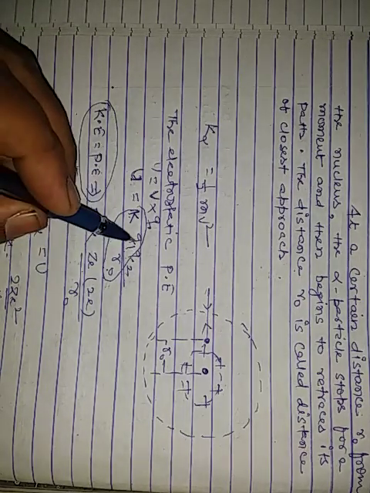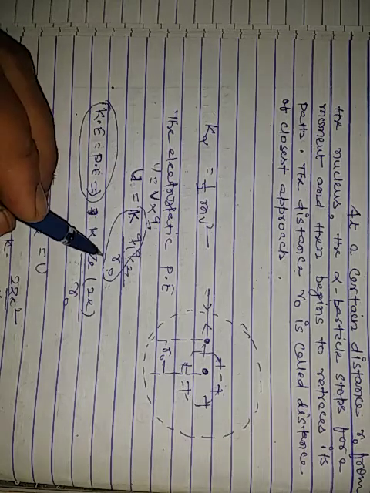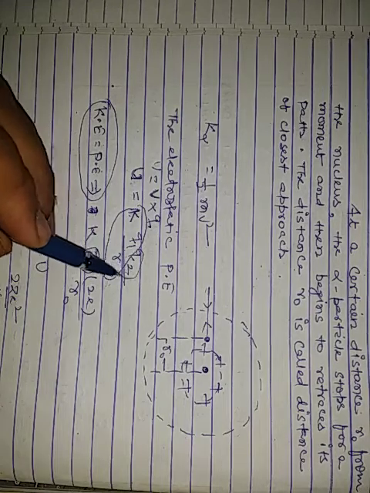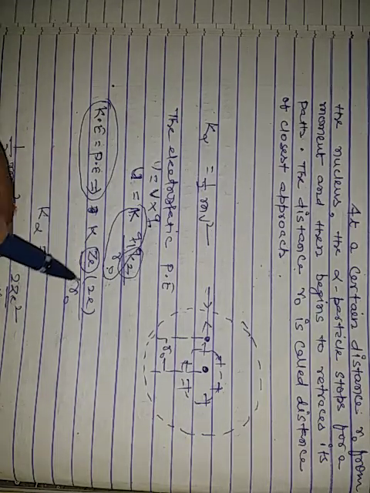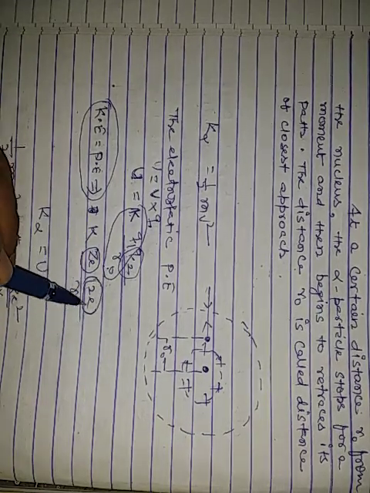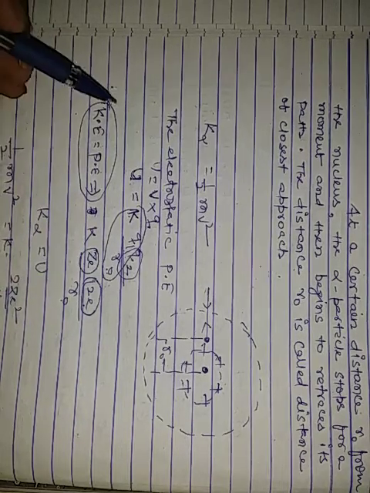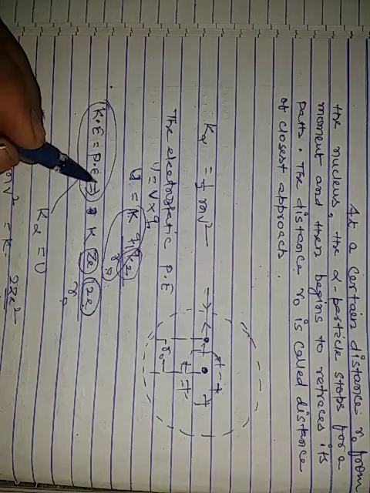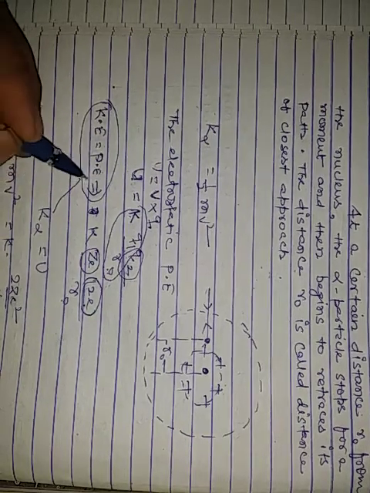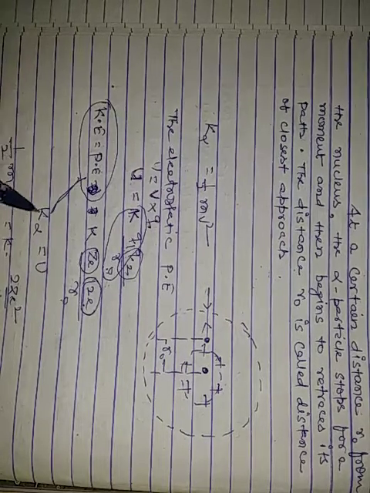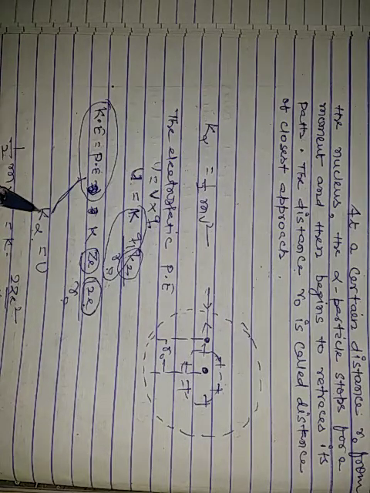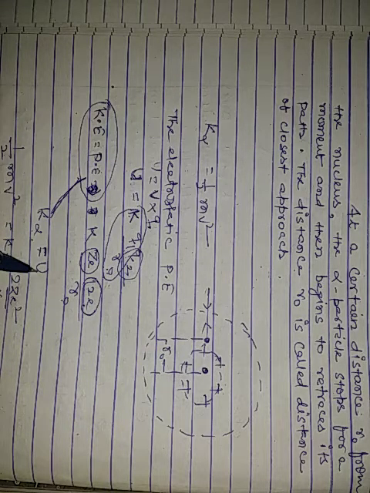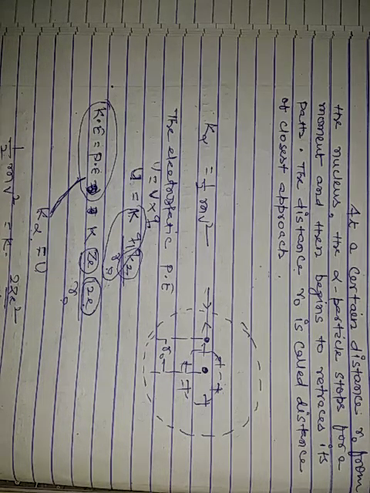Here Q1 is the charge on the nucleus, which is Ze, and Q2 is the charge on the alpha particle, which is 2e, at distance R0. Now, as kinetic energy is equal to potential energy, K alpha, the kinetic energy of the alpha particle, equals its potential energy.